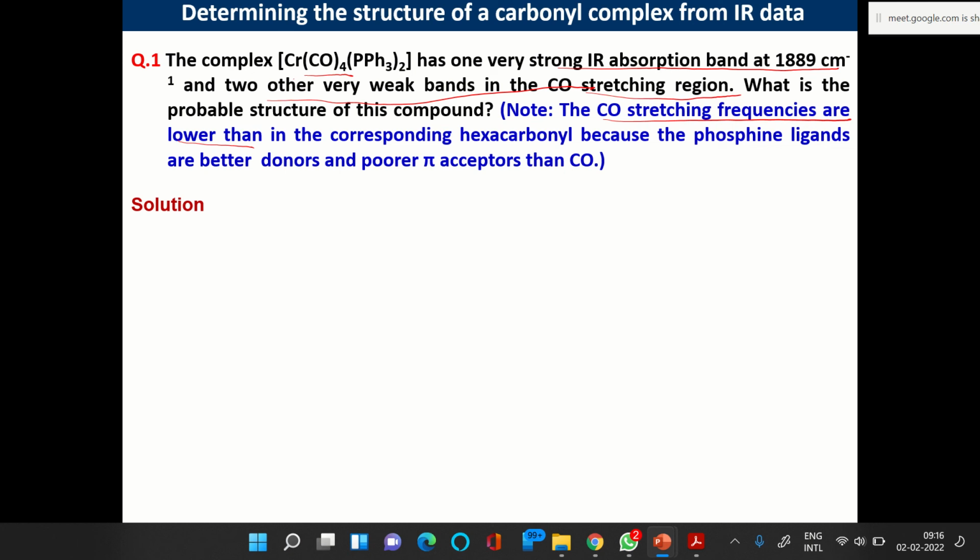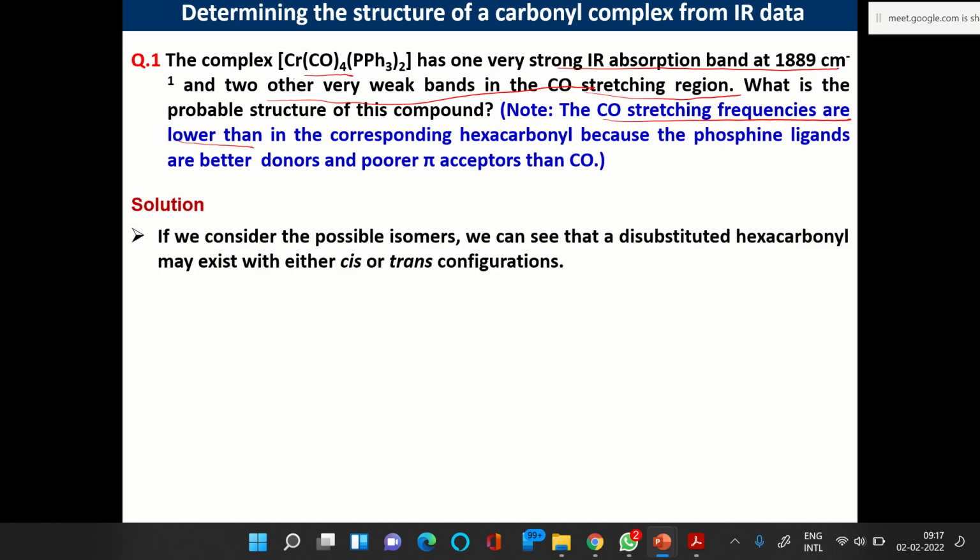So all the responsibility of accepting pi electron density falls on CO. In order to stabilize the metal, CO has to take up a huge amount of electron density, and that will weaken the bond. So the stretching frequency will be lowered. Okay, that is the first thing.